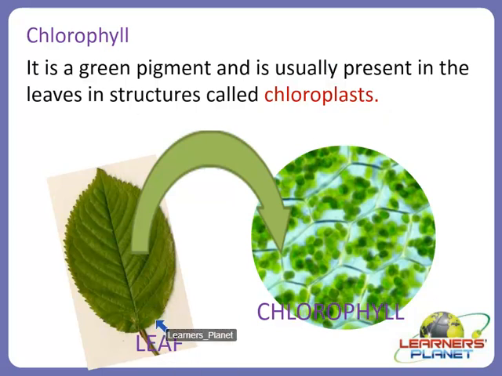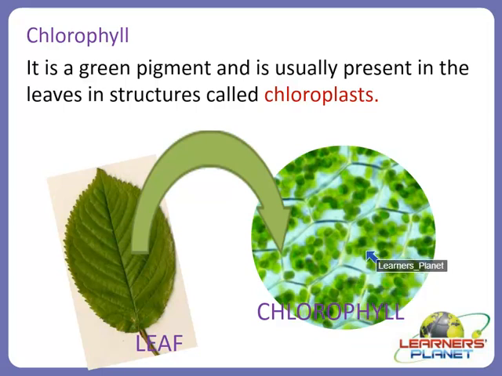So this is a leaf, and the green pigment, that is chlorophyll, is present in the leaf. This is the picture of chlorophyll, a green pigment. It looks like tiny particles, tiny molecules present inside the structure of a leaf in green plants.